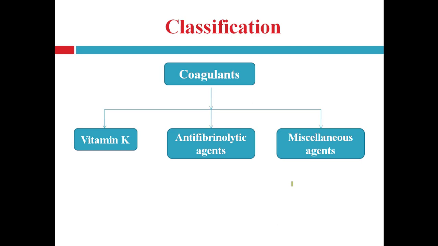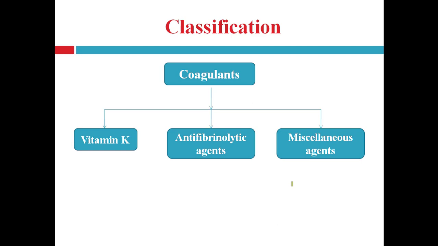Generally, coagulants are required during the deficiency of clotting factor or excess of bleeding in large injuries, right. So when clotting factor deficiency occurs, then in that type of condition, fresh whole blood or plasma provide each and every clotting factor, right, and also they act immediately, right.